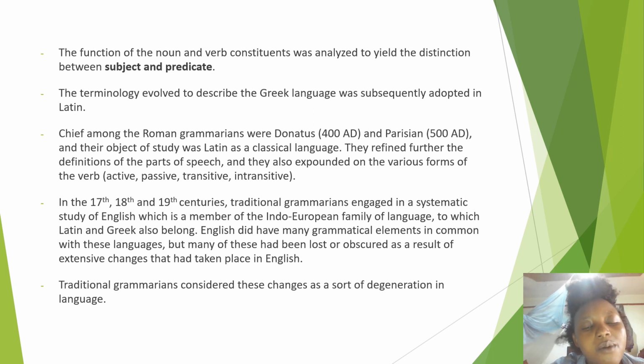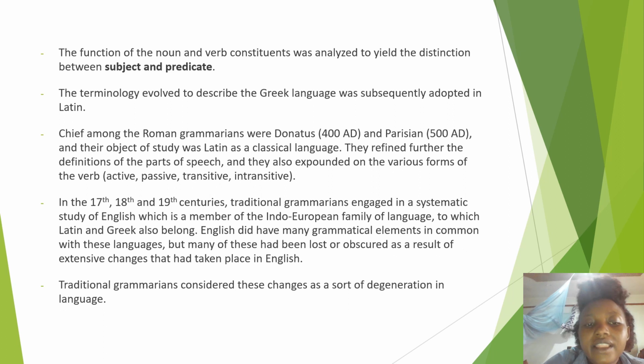Chief among the Roman grammarians were Donatus, 400 AD, and Priscian, 500 AD, and their object of study was Latin as a classical language. They refined further the definitions of the parts of speech, and they also expanded on the various forms of the verb, which were the active, passive, transitive, and intransitive verbs.